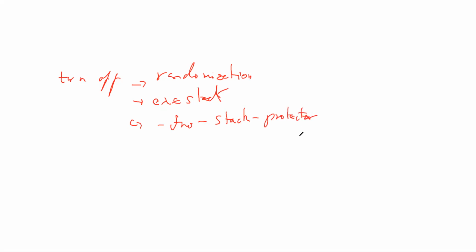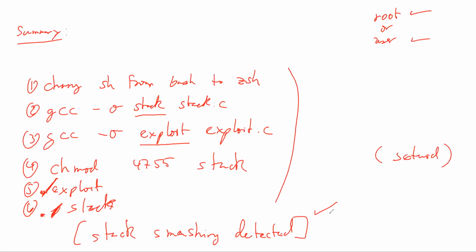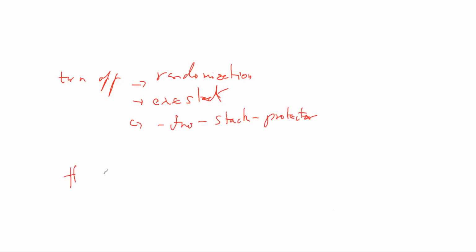So hopefully once you do that, you will be able to run this without the stack smashing, and then hopefully you will get that desirable terminal. Once you get the terminal, you need to type id or whoami, or both actually.